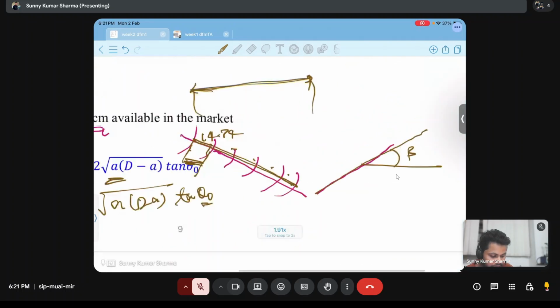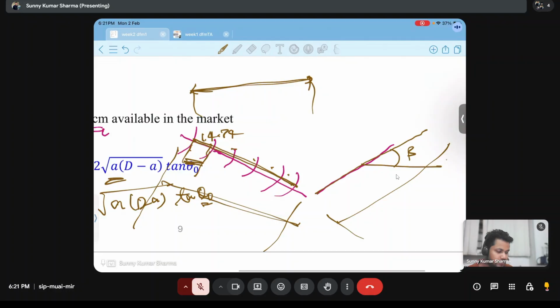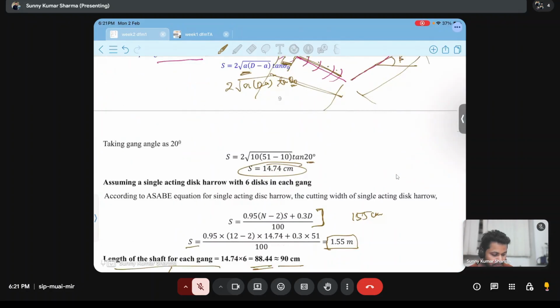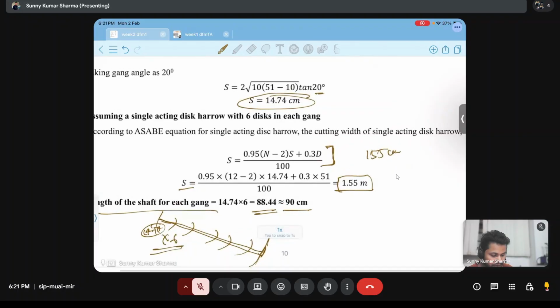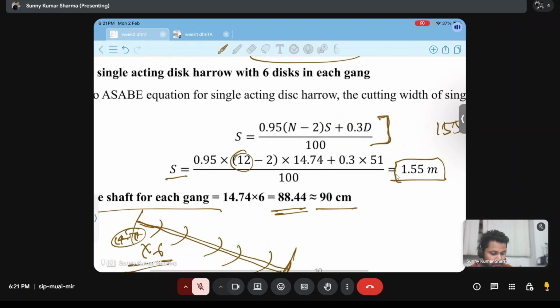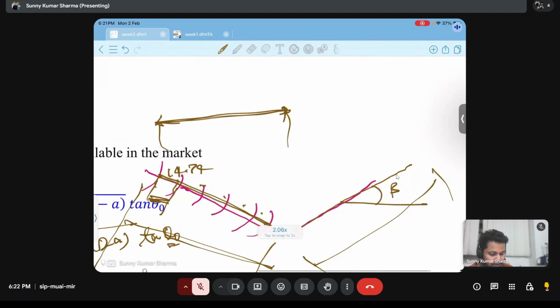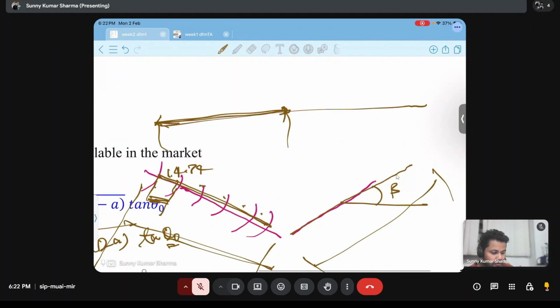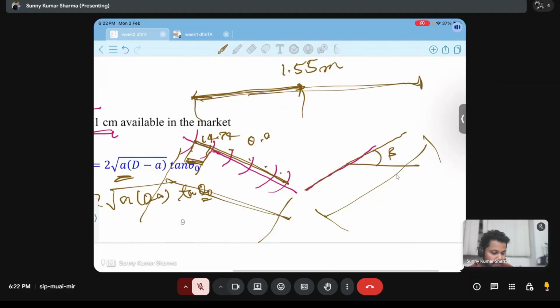Means this shaft length is 90 centimeter and this is 90 centimeter, and this working width is 1.55. We are taking 12 discs, 6 this side, 6 this side. So total working width will be 1.55 meter, and length of one shaft is 0.9 meter. This side 0.9 meter. This is the length of shaft.